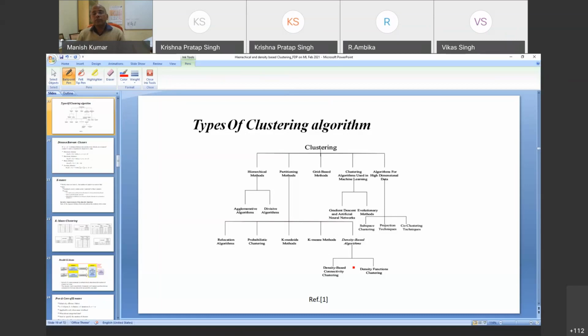In machine learning, we have artificial neural networks and evolution methods, whereas for high-dimensional data we have subspace clustering, projection, and co-clustering techniques. So a variety of clustering methods are involved for any type of data analysis.